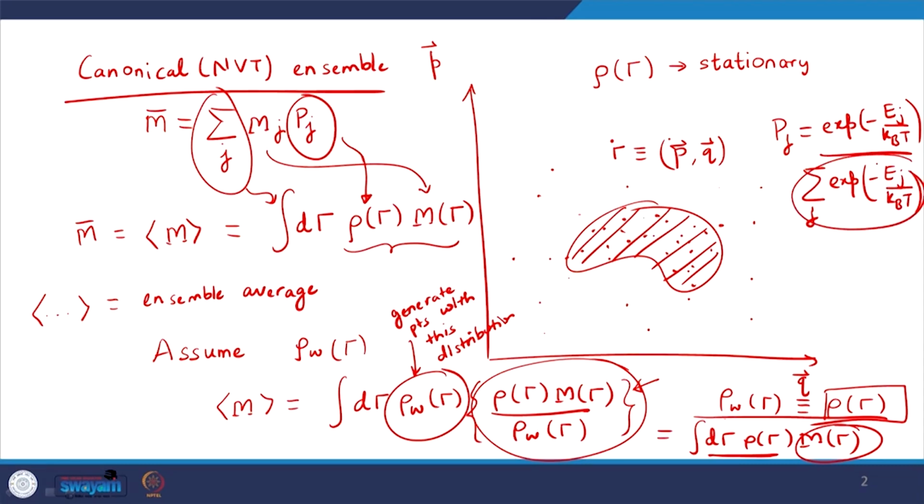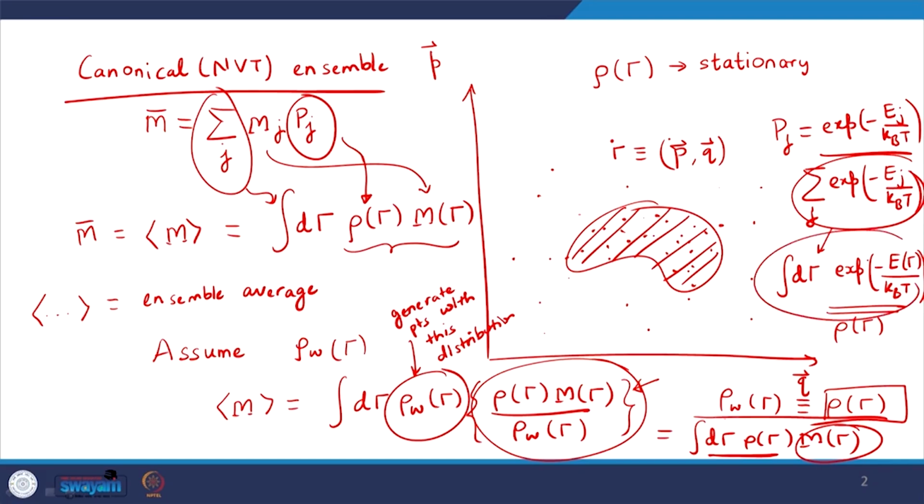In continuous space, the partition function can be written as an integral. This is essentially what appears in my rho(gamma).